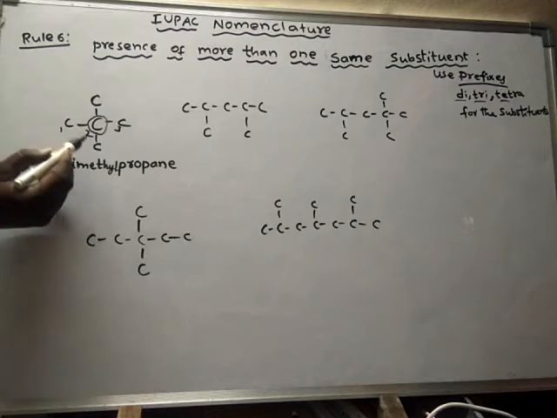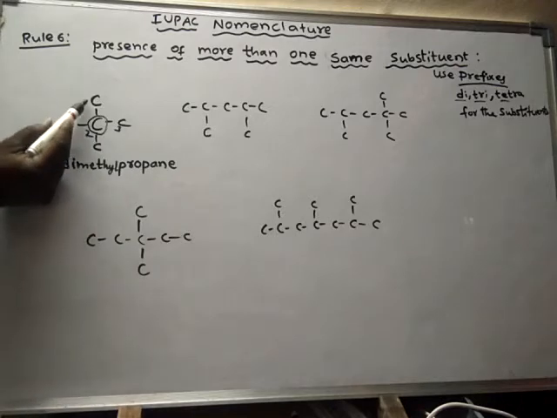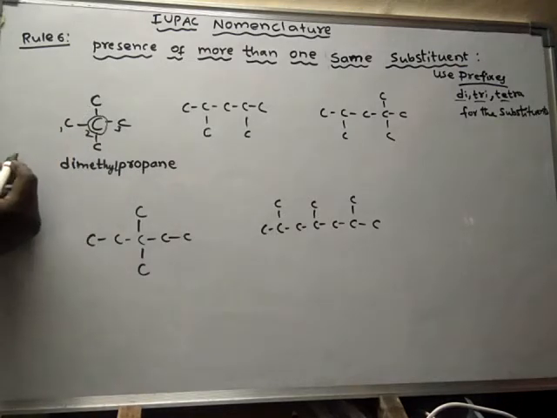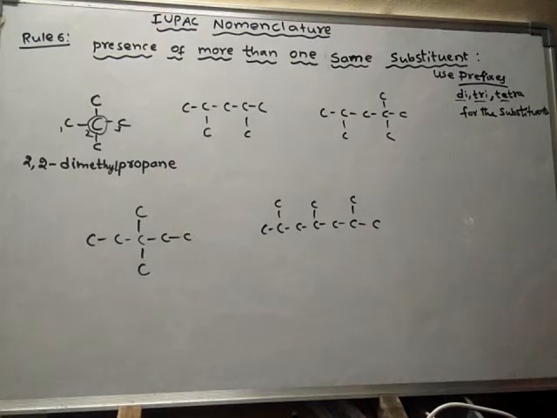The locant carbon is the second carbon, and the locant number is 2. On the second carbon there are two methyl groups, so that locant should be repeated twice. So the name is 2,2-dimethylpropane.